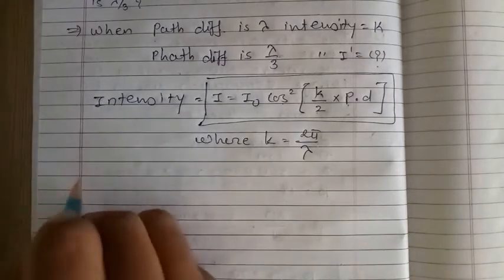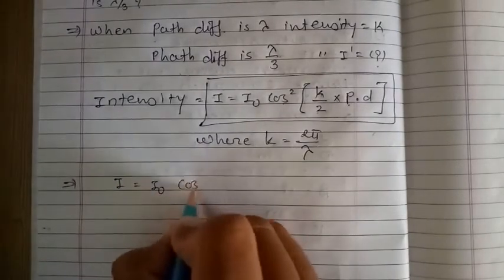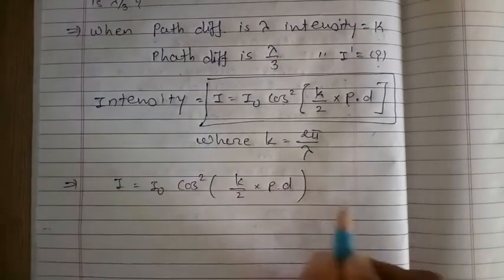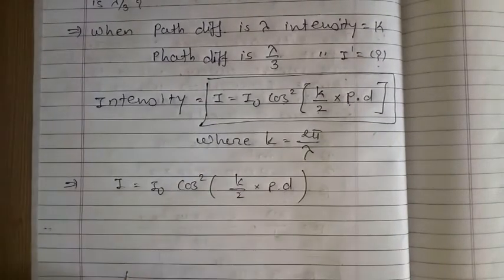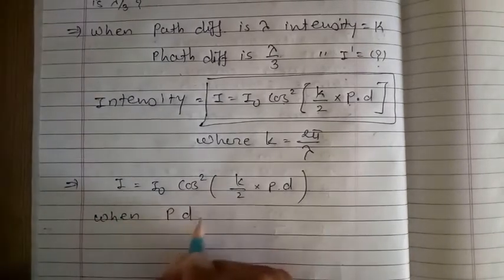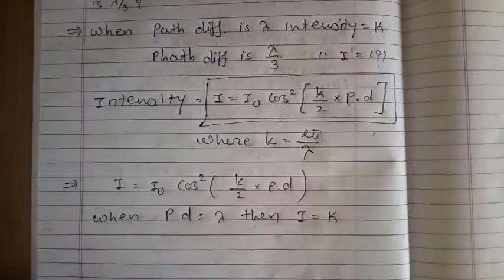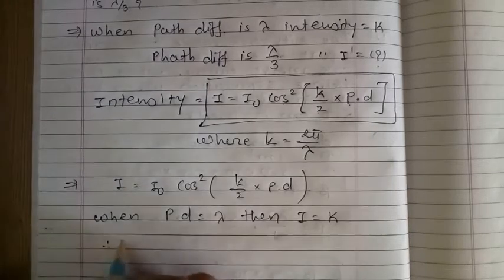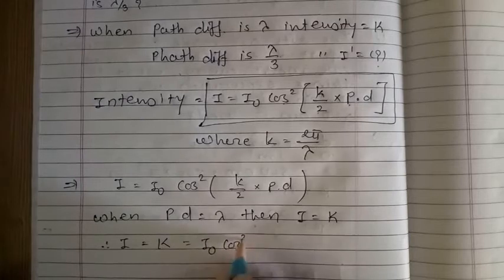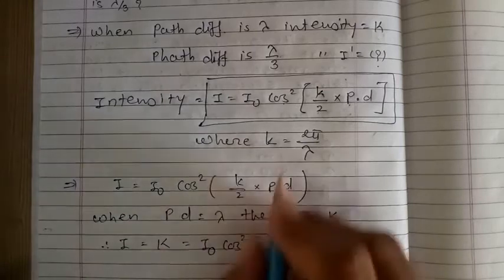So now, I is equal to I0 cos square of k by 2 into PD. We know that when PD is equal to lambda, then intensity is equal to K. So I equals K equals I0 cos square of k by 2, but we know that k is equal to 2 pi by lambda.